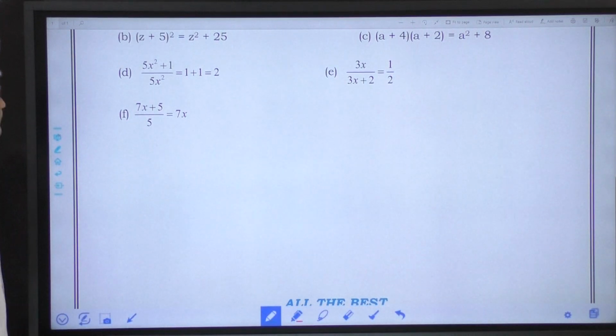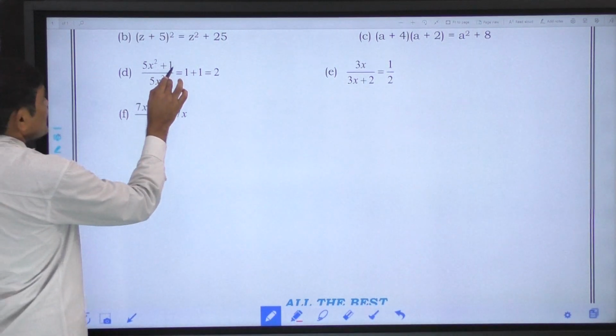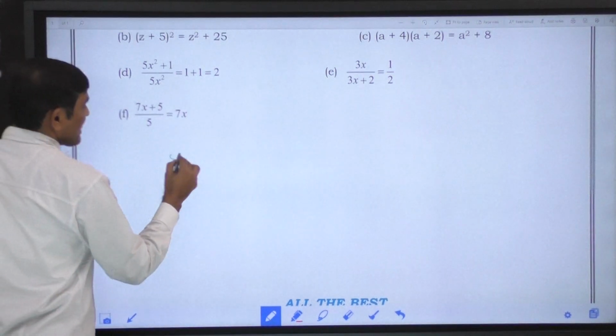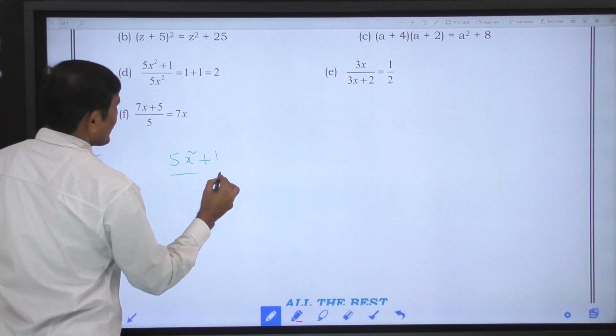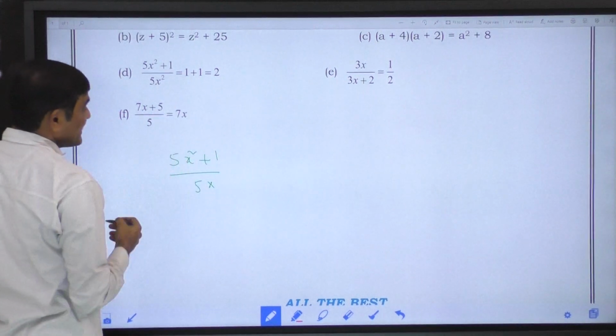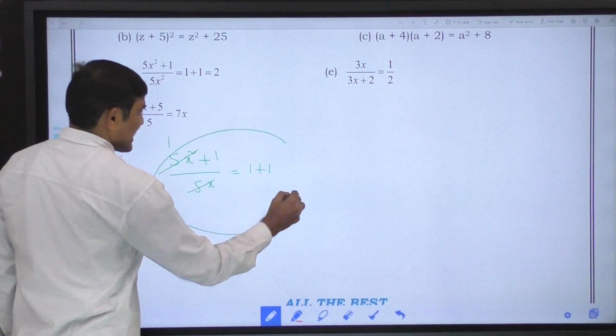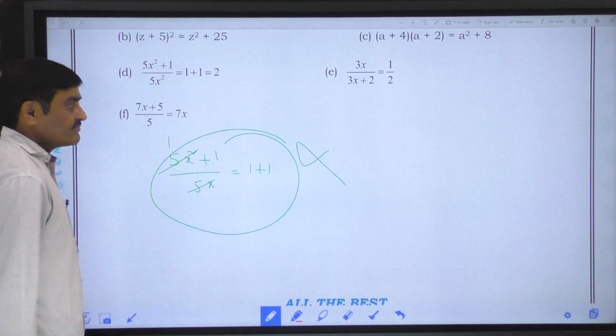Now coming to the next one, D. In D, (5x² + 1)/5x² is given. Actually, what happened? 5x² and 5x² cancel, so 1 plus 1. Actually, the entire procedure is wrong.